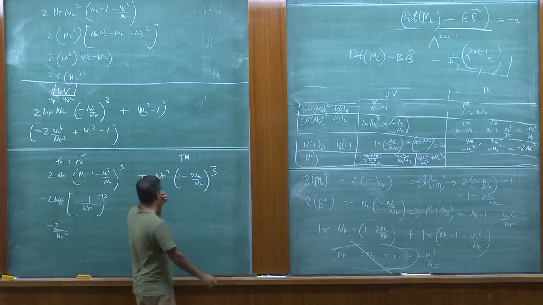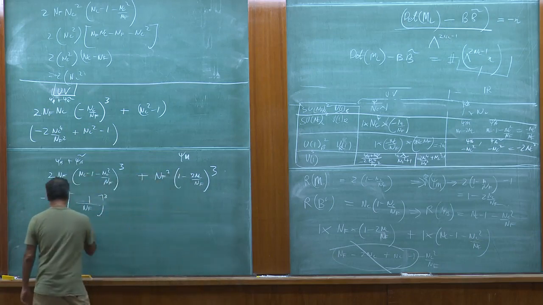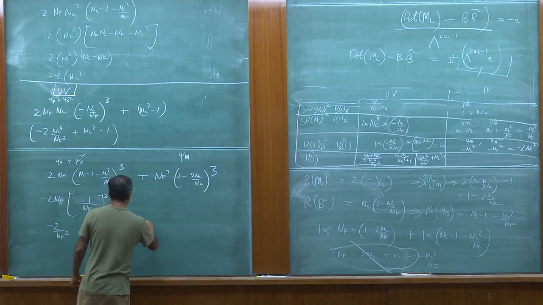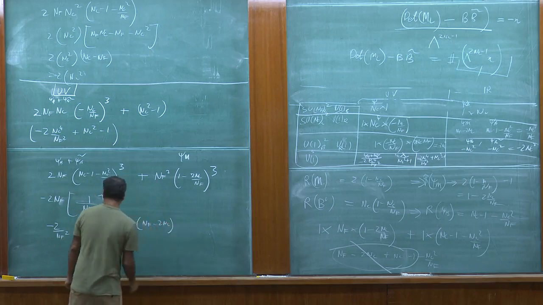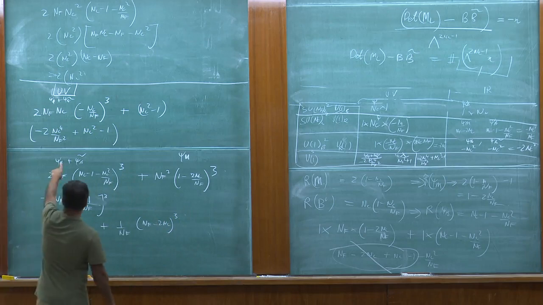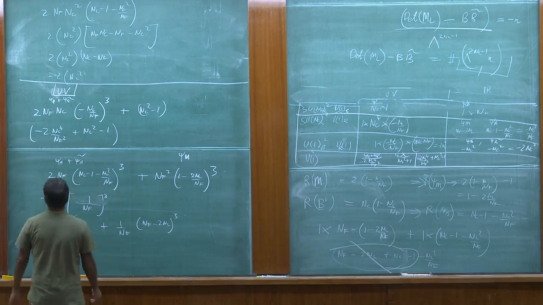Now what about this guy? Let me just put the denominator plus 1 by NF into NF minus 2 NC, the whole thing cube. Okay, I want minus NF. Let me just open it out.